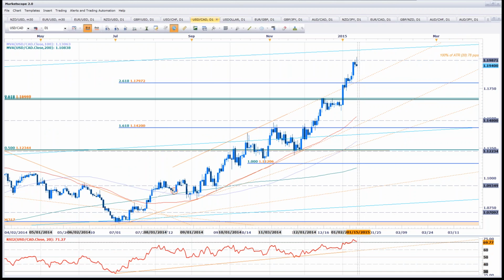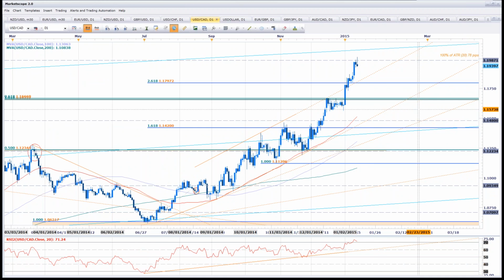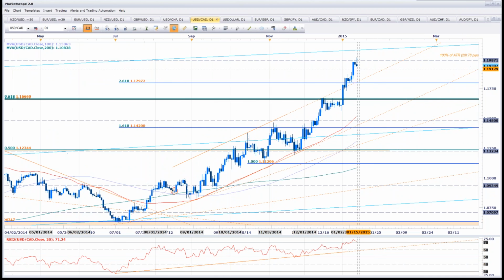A 70 break here in momentum and a break below yesterday's low, sure. Near term, from a scalp bias, that would be pretty decent to look lower. I wouldn't be looking much, though. I'd be only looking for a momentum pullback into this trigger or maybe a pullback into former channel resistance. But as it stands right now, we'll have to see if that does materialize into an outside day. Good question.